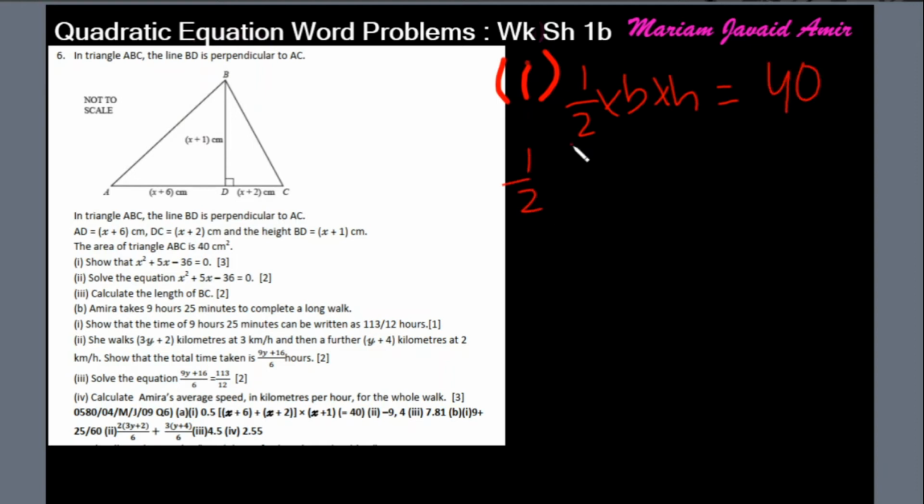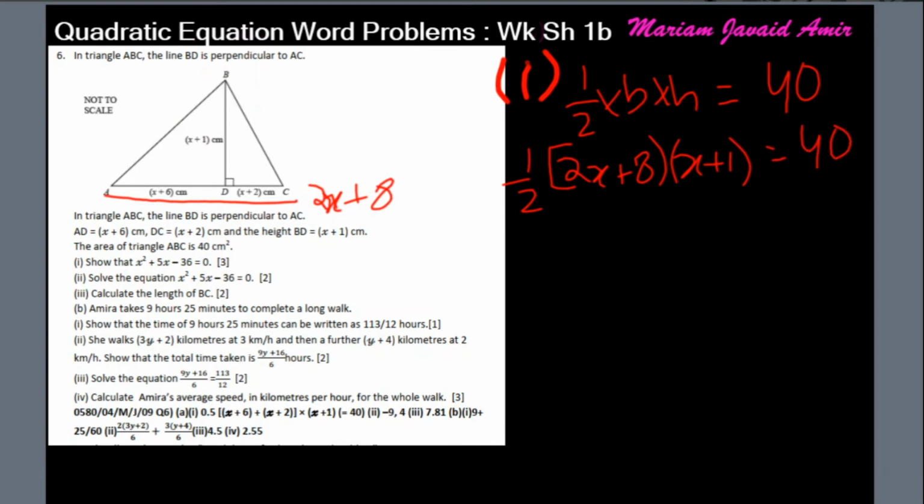Half times, now base is this whole length, which is 2x plus 8. So we write 2x plus 8 times height x plus 1 equals 40. Take 2 to the other side, this becomes 80.